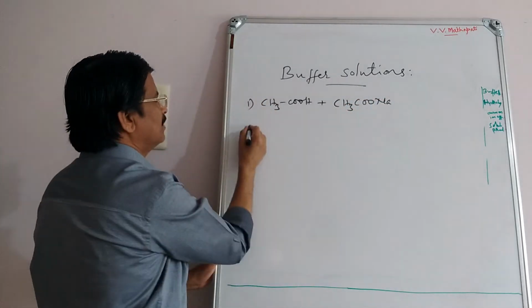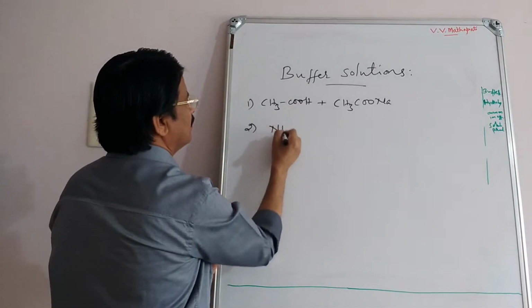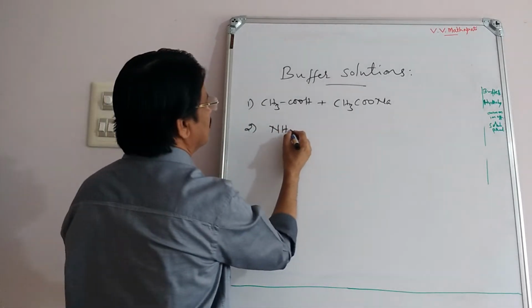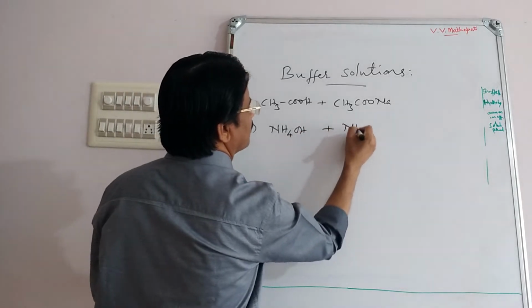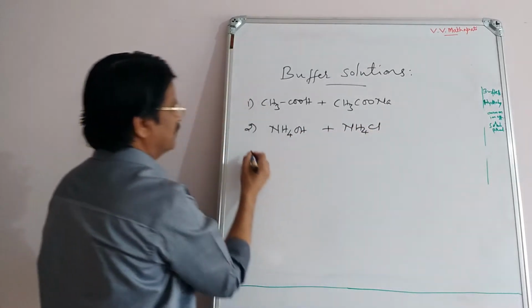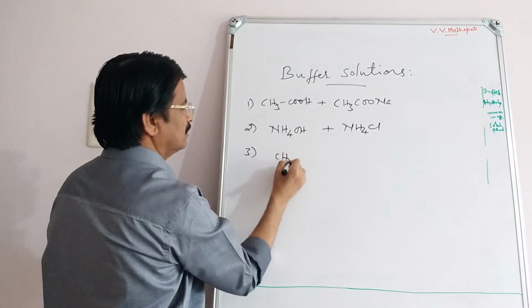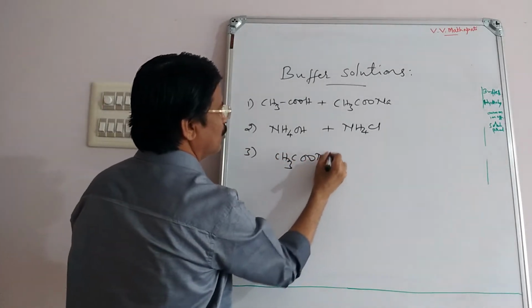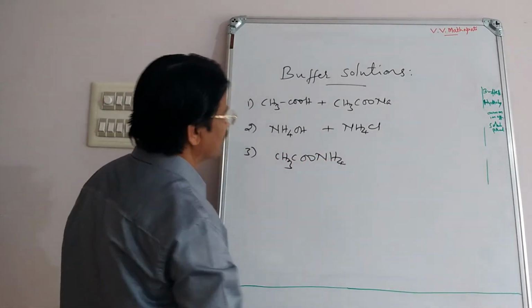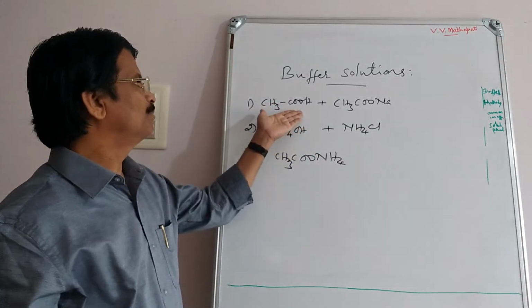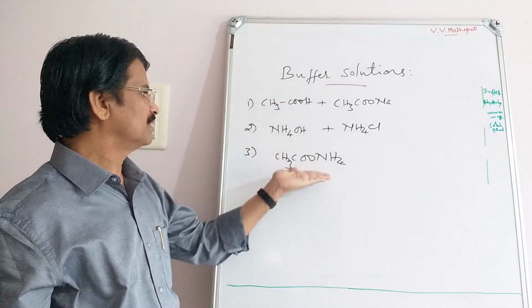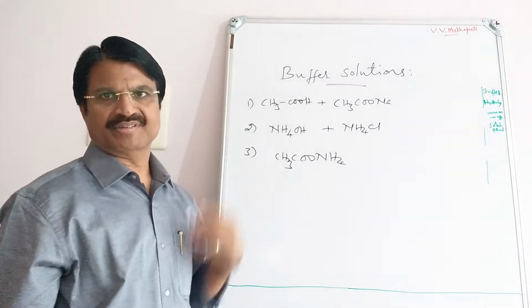Second type: ammonium hydroxide, ammonium chloride. Third: CH3COONH4. These are the 3 types: first acidic buffer, second basic buffer, and third neutral buffer.